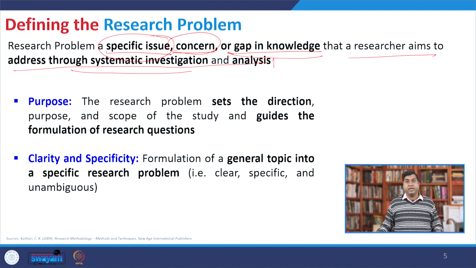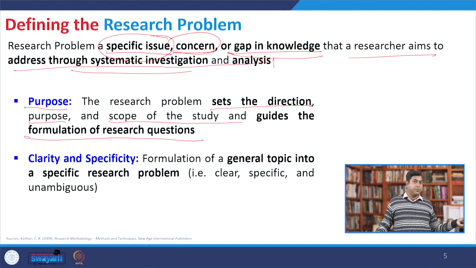There are a few features that we need to understand, about why we should make the research problem very crisp and to the point. There is a purpose, because this sets the direction of the entire research, the reason why you are doing the research. It also defines the scope of the study, and this will guide you to formulate your research questions.